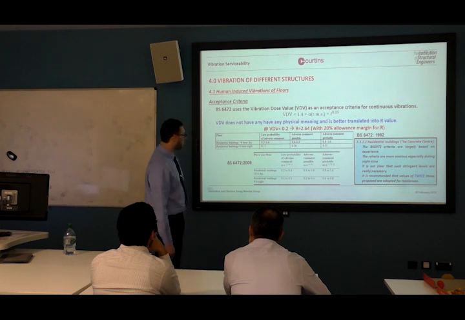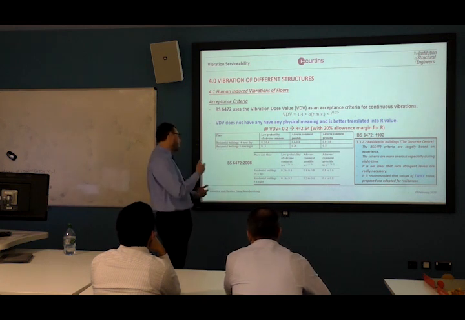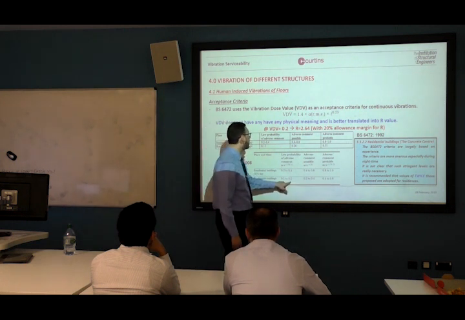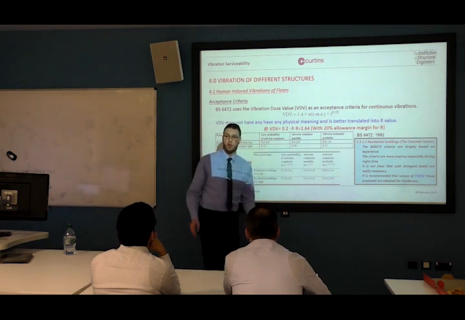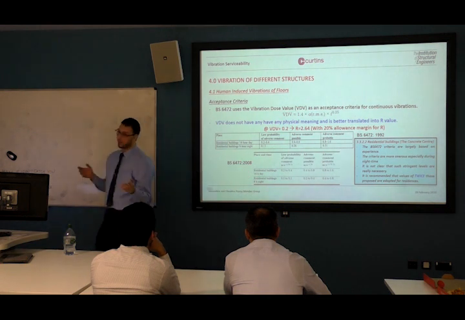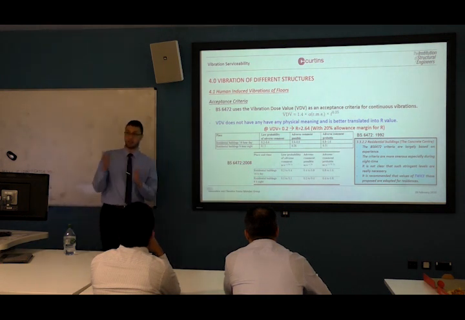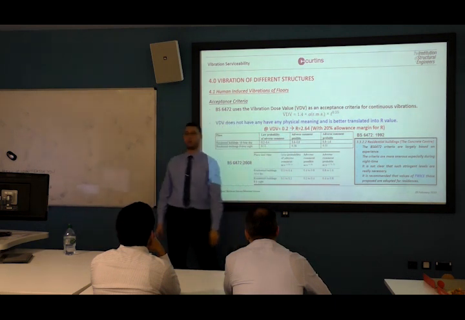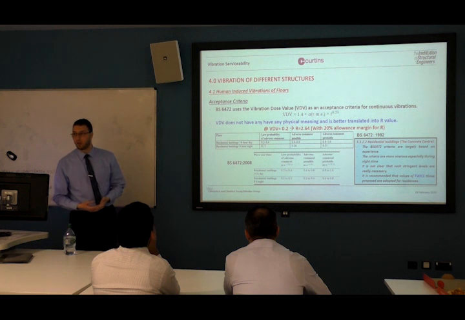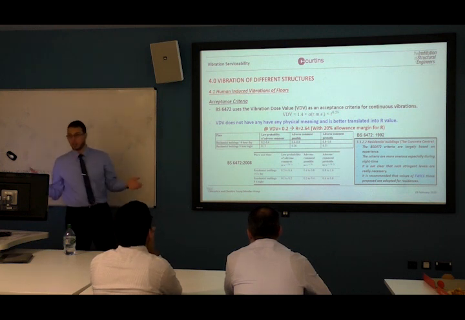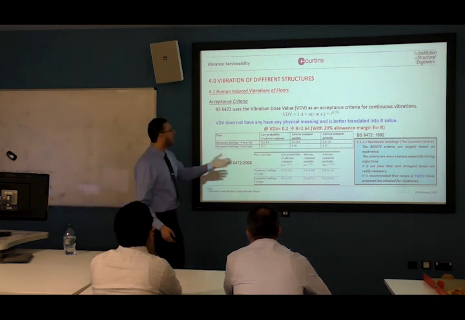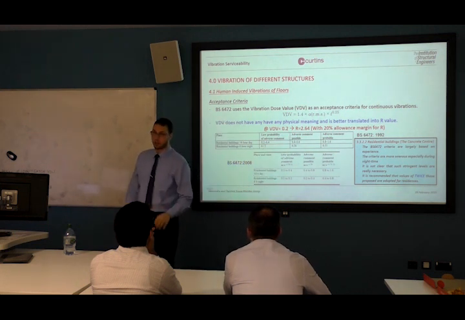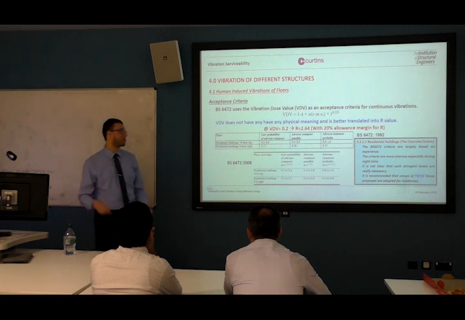So if you use your engineering, mathematical skills and put 0.2 into R value, and you allow for 20%, because this is accepted as a margin, you end up having R equal to 2.64. So if you design your floor in a residential building to have a response factor of 2.64, it will be okay. Night, day, doesn't matter.